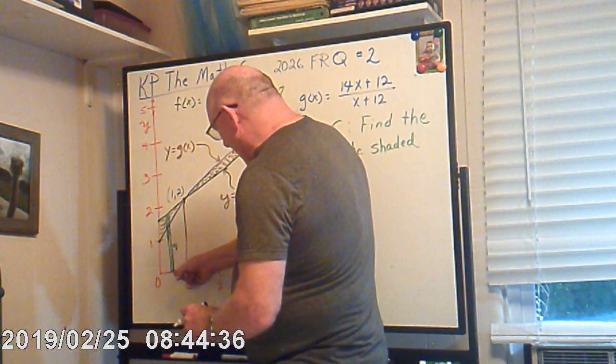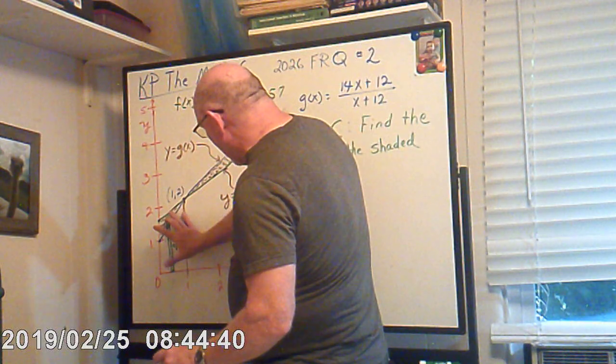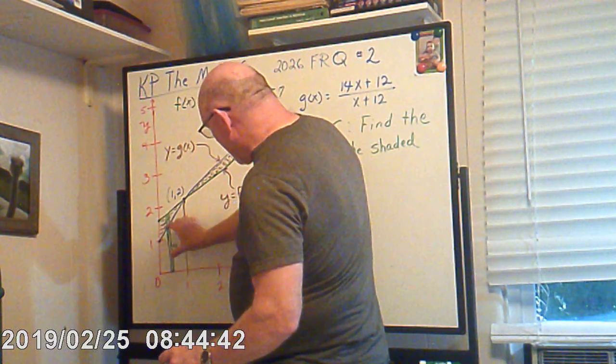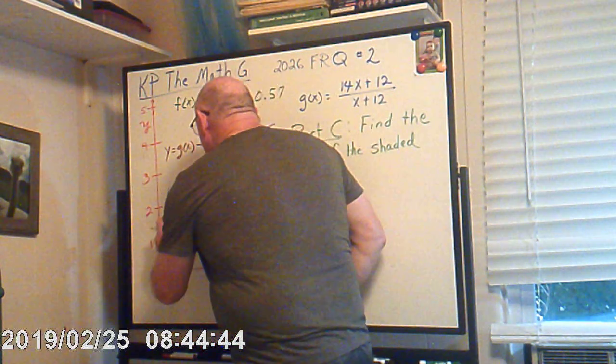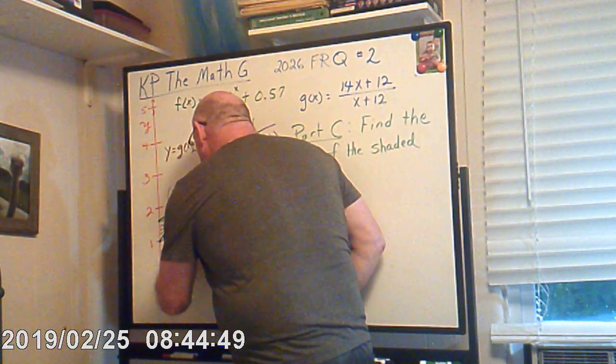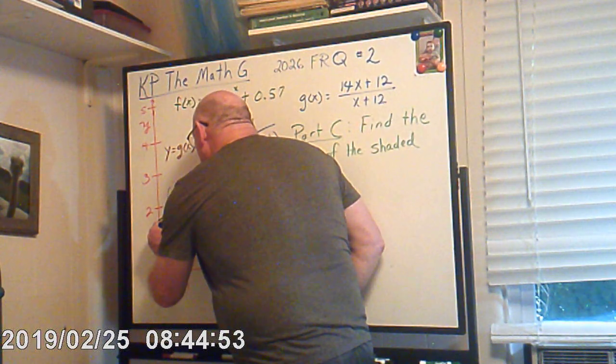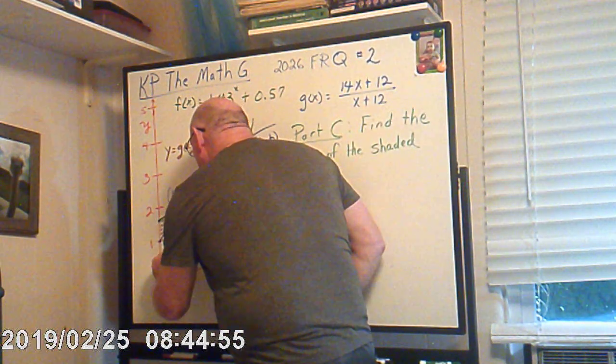So I want the whole height. The way to get this little part here is this whole height here minus this whole height right here. I'm going to erase the green part and show you this in blue.